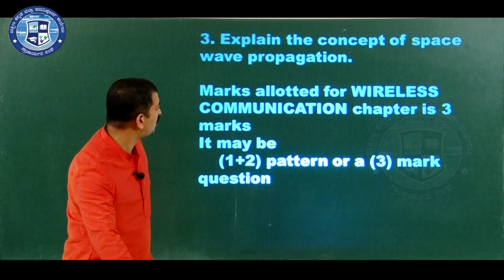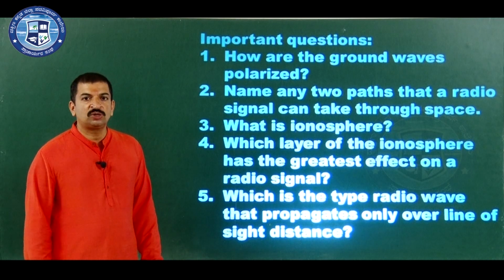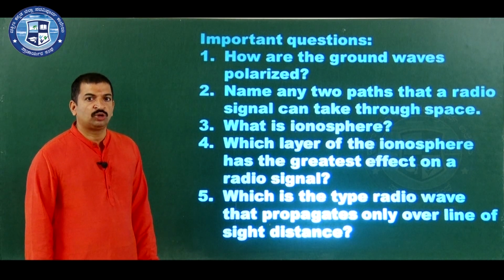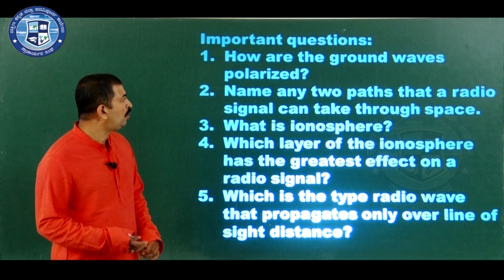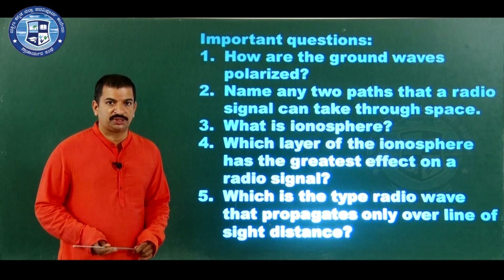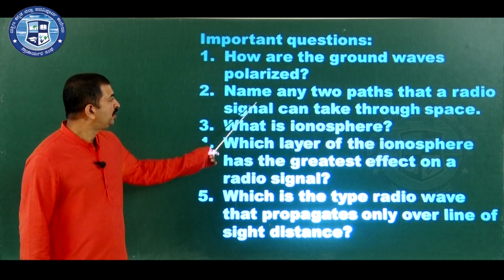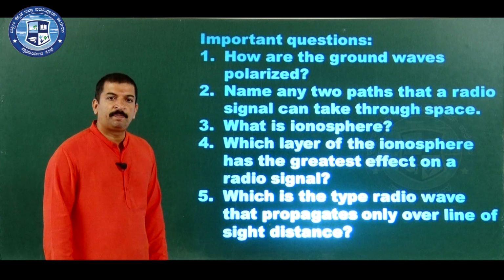Let me discuss some of the important questions from this chapter. Students, note that you can expect maximum 1 mark questions and 2 mark questions, not more than that. The first question, how are the ground waves polarized? The ground waves are vertically polarized. Name any 2 paths that radio signal can take through space.